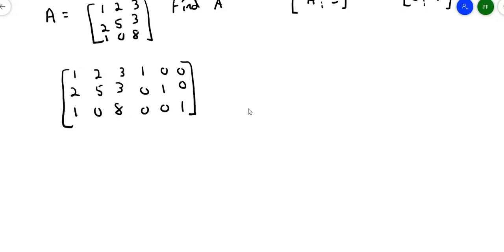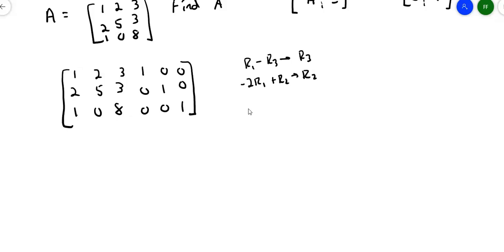If I take row 1 minus row 3, put the answer in row 3, that'll get rid of that 1 that's down the bottom. All right, if I do negative 2 times row 1 plus row 2, answer goes in row 2. That'll get rid of the 2 that's in the first column.